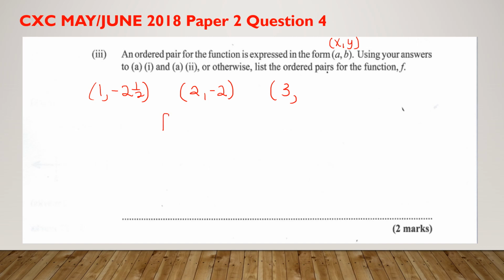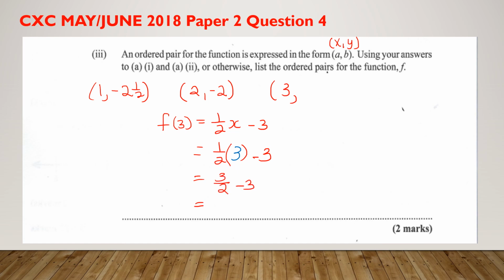So f of 3 would equal a half x minus 3, and we are going to solve for that. That's going to give us a half x, where we have x, we're going to replace it with 3. So that is 3 over 2 minus 3.